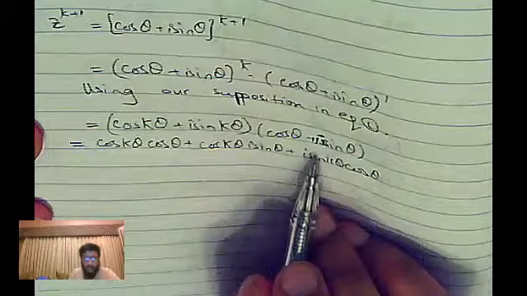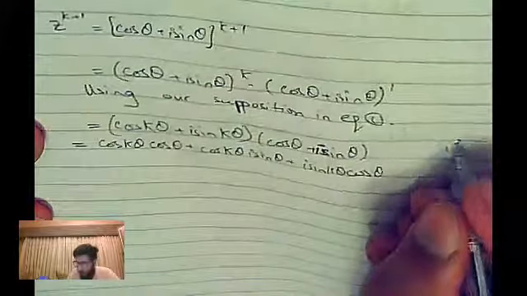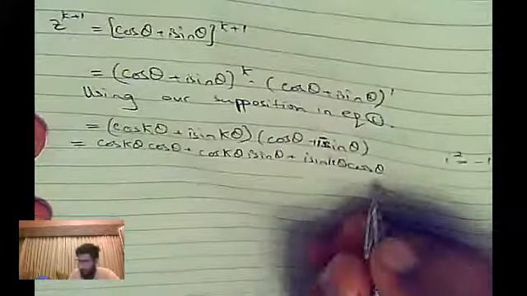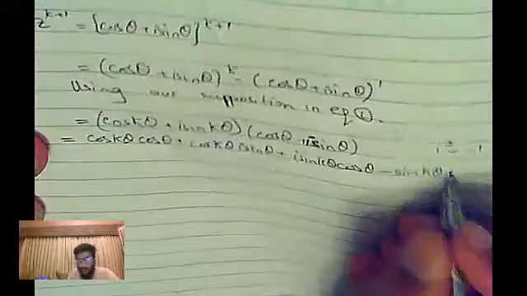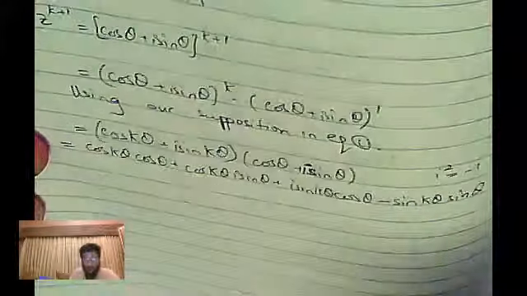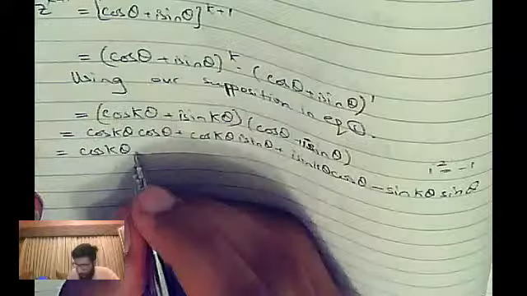Iota times iota equals -1. So we're having negative sine k theta times sine theta. So we're going to rearrange it as real parts and imaginary parts.